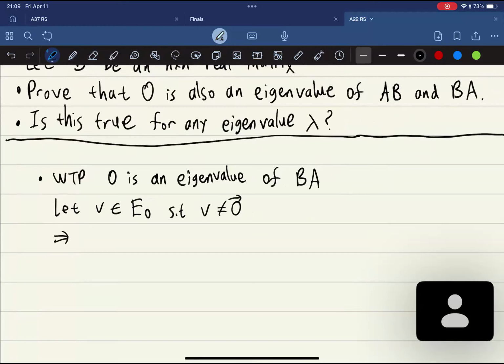And here we get that BA of v equals B of Av, which is equal to B of 0, which is equal to 0, which is equal to 0 times v.